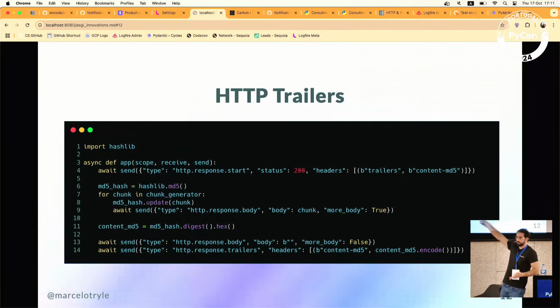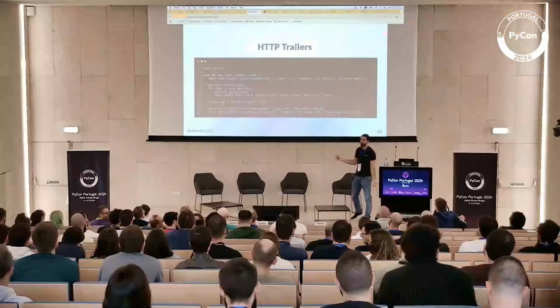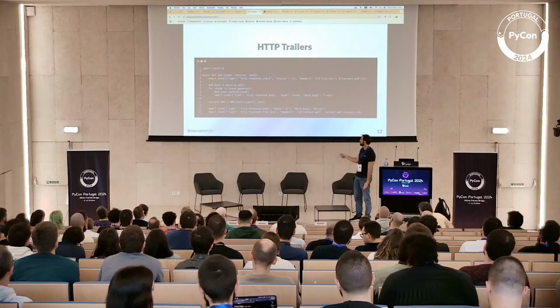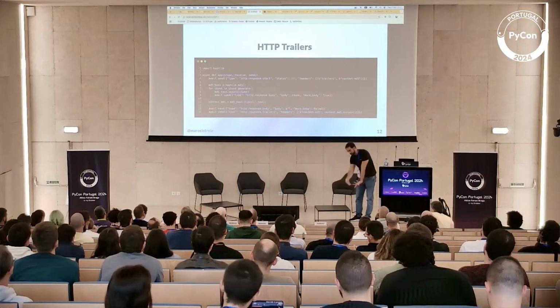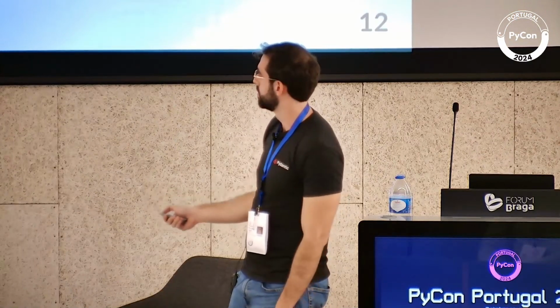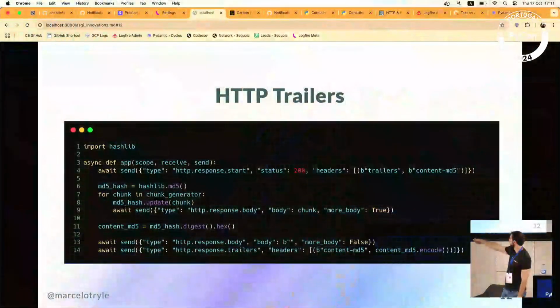Who knows what's happening here without me saying it? Okay, yeah. So this is a pure ASGI application. This is just FastAPI underneath. It's just the pure spec as it is. So on line 3, you have how the spec defines it to the application.